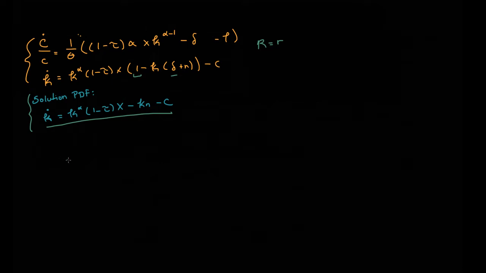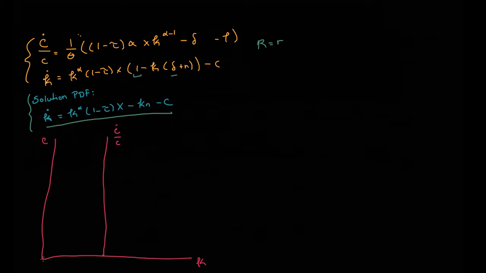So let's draw the phase diagram. We'll do it in red. We have K on the x-axis and C here. The consumption function is always a straight line. You can check the shape of these functions.